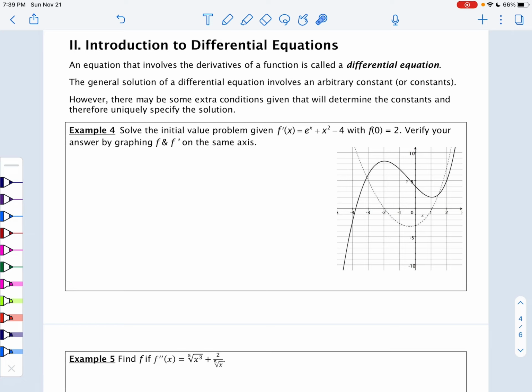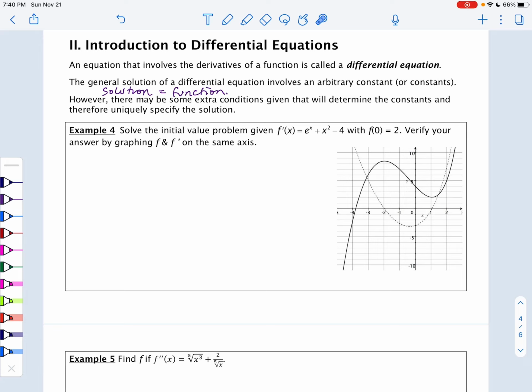But the solution to the differential equation involves an arbitrary constant, the general solution, but the real solution is a function, right? And so your general solution is going to be your family of functions, but if we are given an initial value, we can find a particular solution to the differential equation.